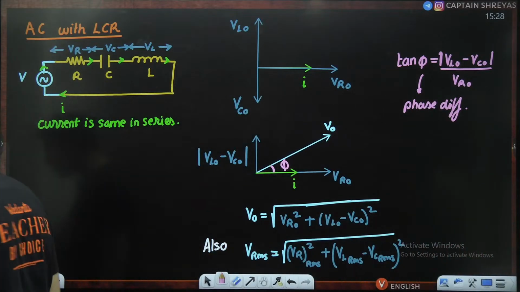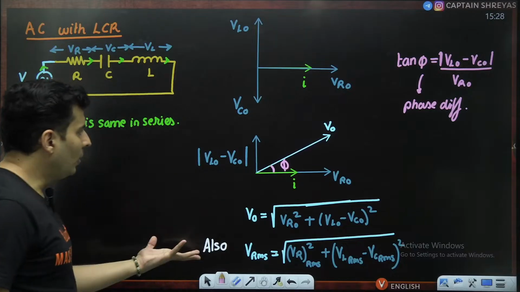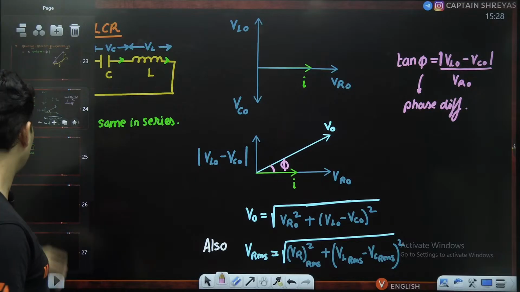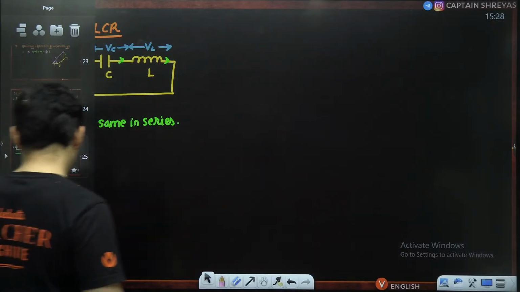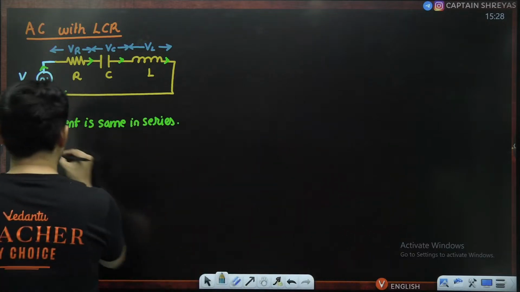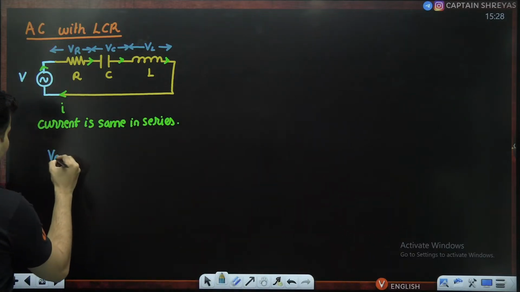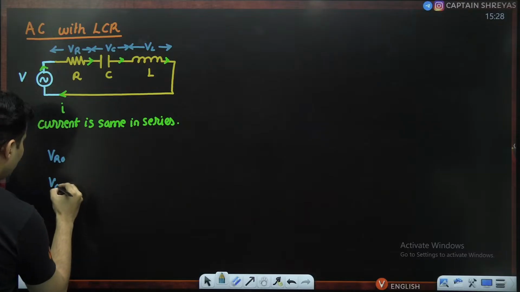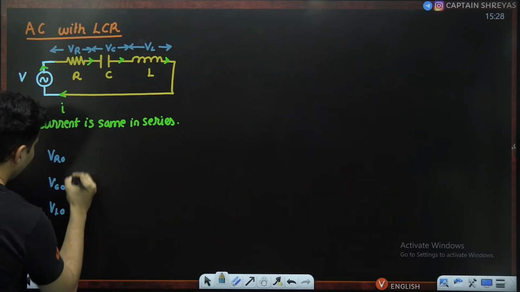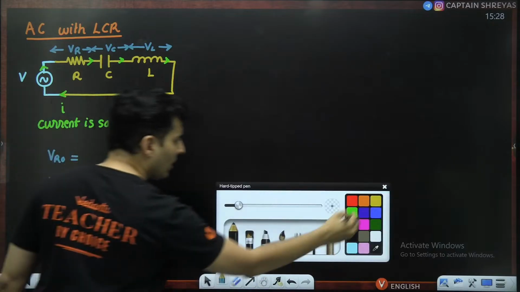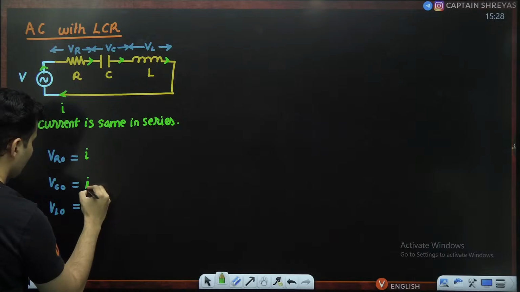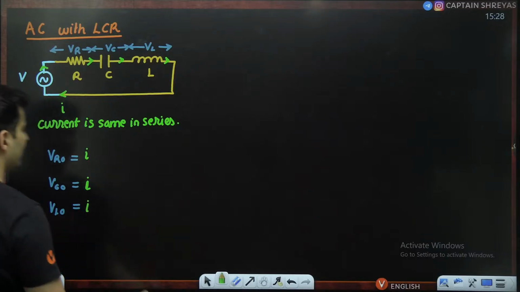Cool? Okay. Now that I have got till here, I will not stop there. I will do one thing. See, VR naught, VC naught, VL naught voltages are currents into resistances. So current into resistance.